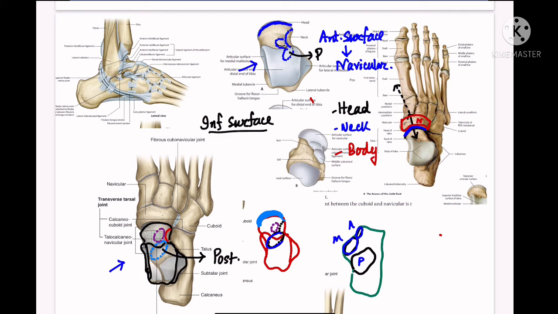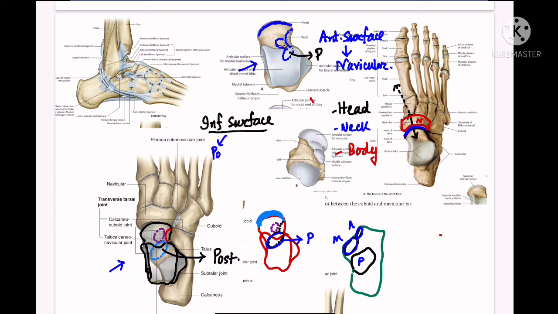Now if you take a close look, then it will be clear that the middle facet of the upper surface of the calcaneus fits perfectly with the posterior facet on the inferior surface of the head of talus.